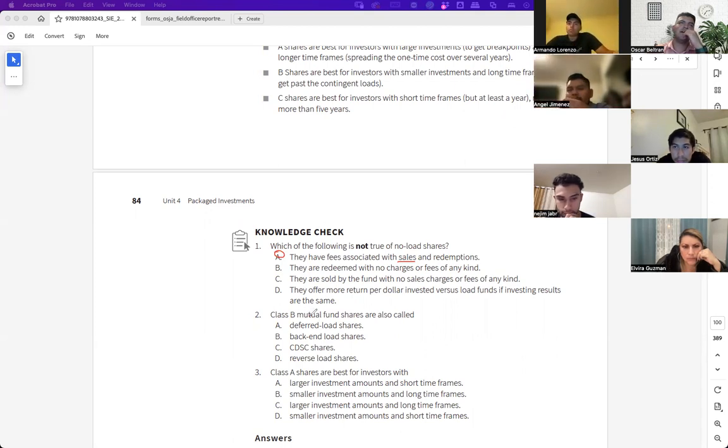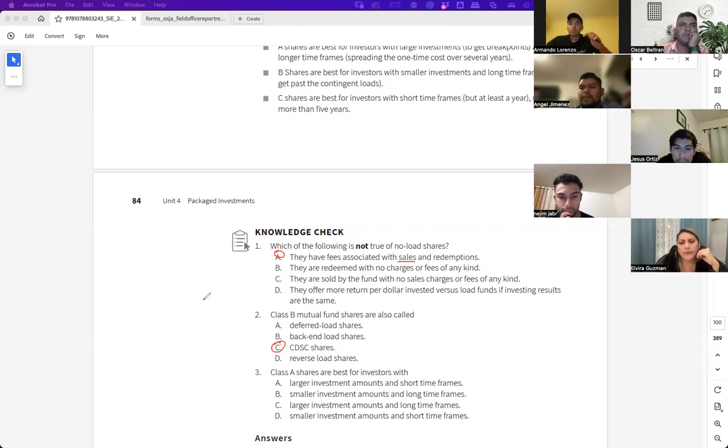All right, Class B mutual fund shares are also called C. You sure it's that? Angel. C. B. I say B. You think it's C? I would say it's gonna be back end load.